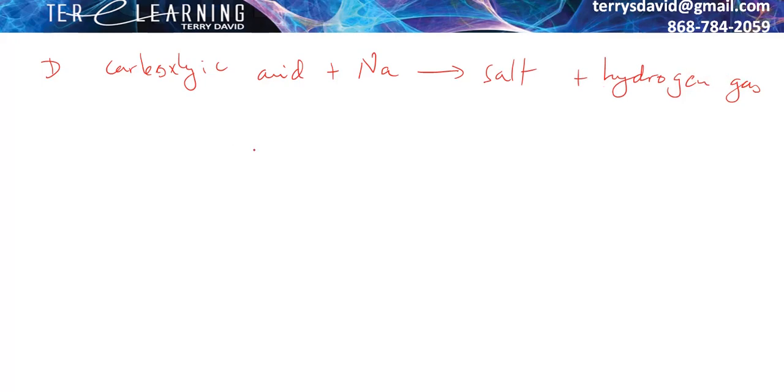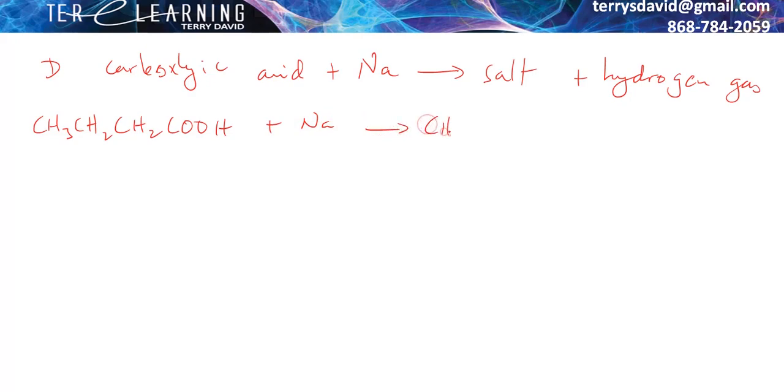Now they said write a balanced equation for the reaction between compound D and sodium metal. So compound D was CH3, CH2, CH2, COOH plus sodium metal. You're going to get salt, which is a sodium salt.